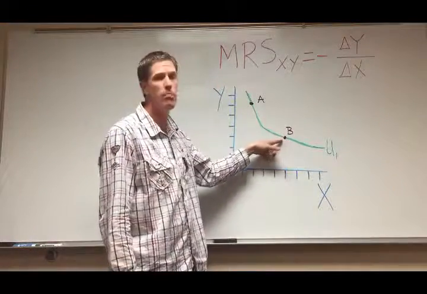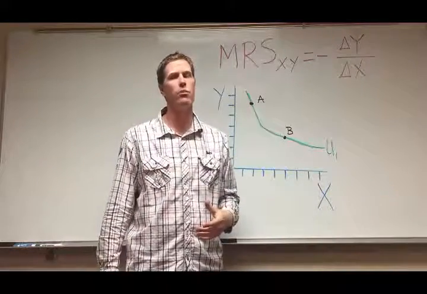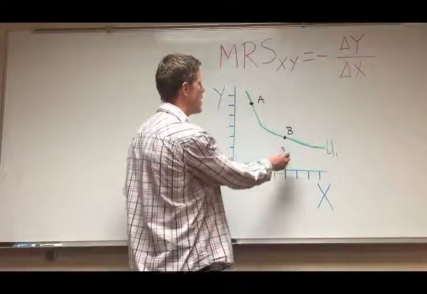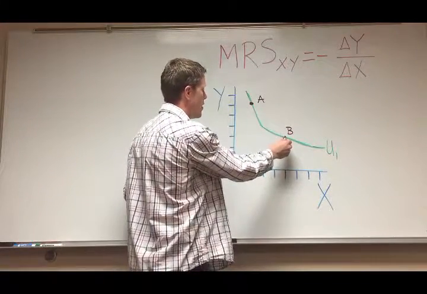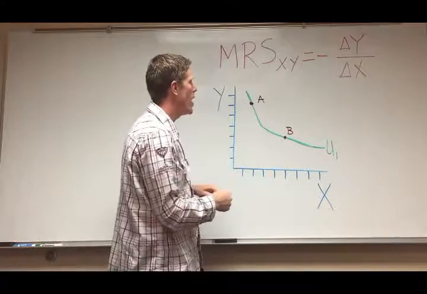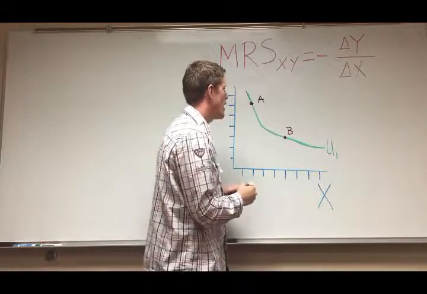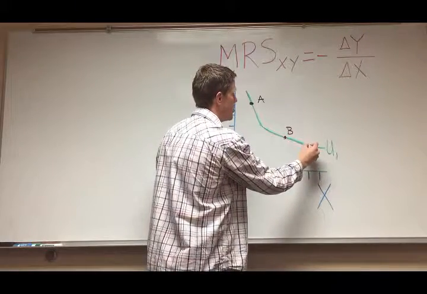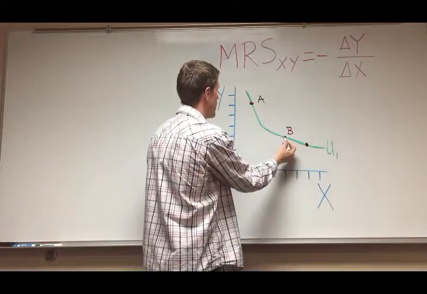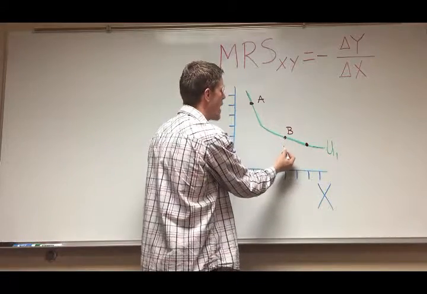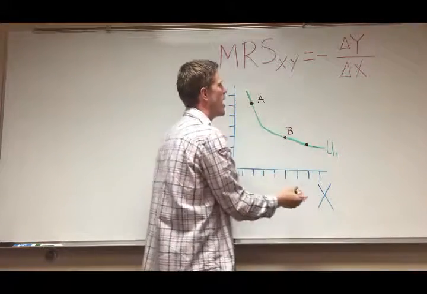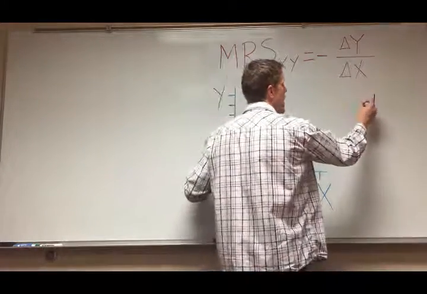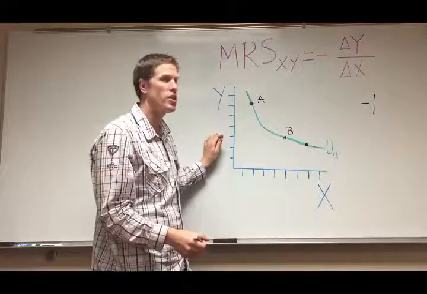Okay, so let's look at point B and think about what the marginal rate of substitution is there. What's the change in y? Let's go down 1 in terms of y and over to this point here. So our change in y is negative 1 because we decreased y.